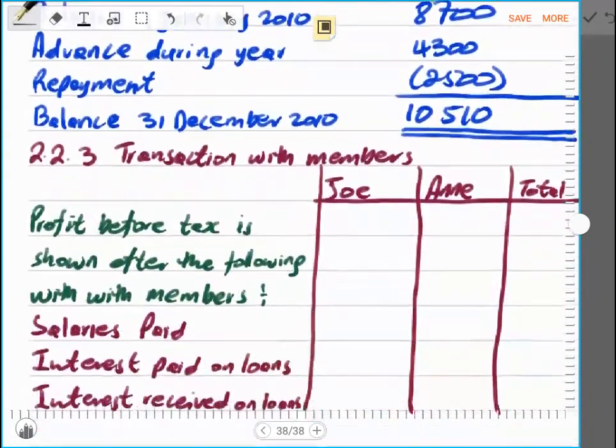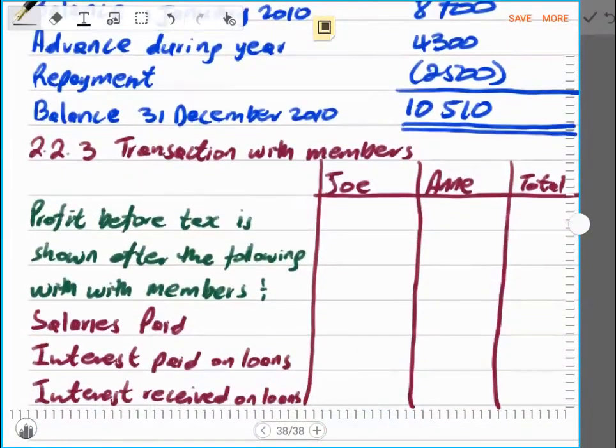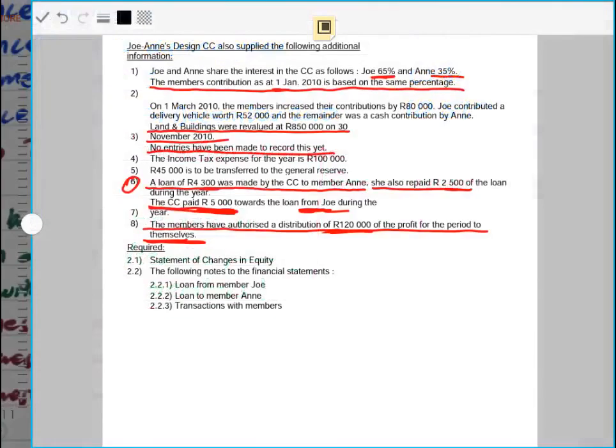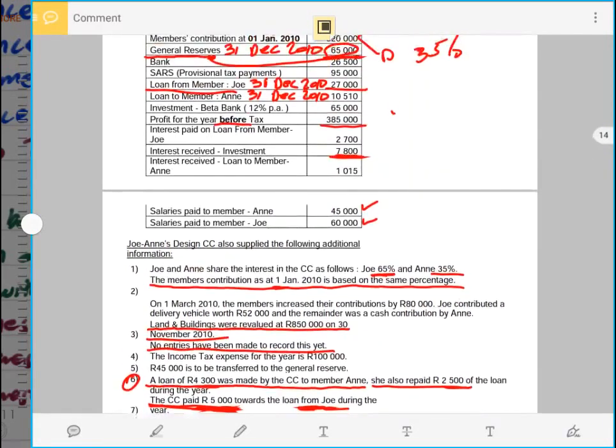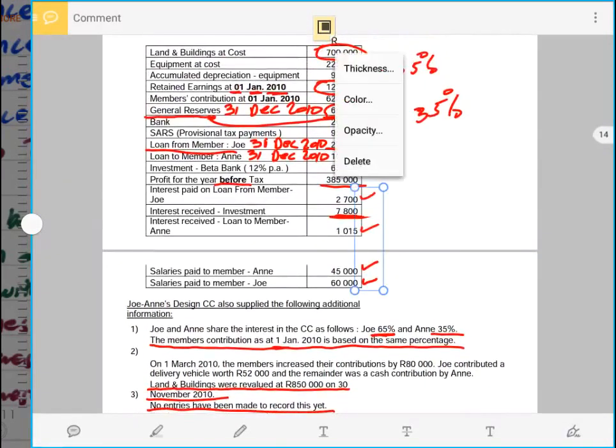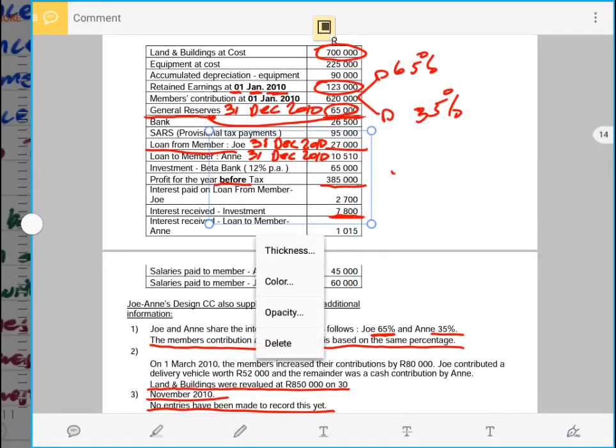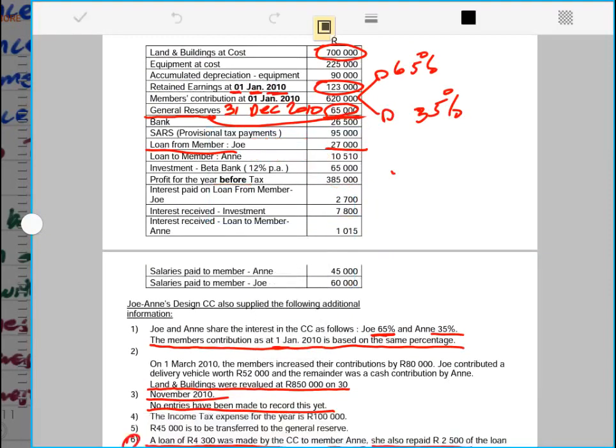So now make sure that you prove that, in case you might have made some mistakes in your calculations. So now let us continue to the last part of the transaction, which is a transaction or interaction with members, which are only the transactions that affected the members and the close corporation beside the loan. So now from the trial balance, we were given some transactions that were between the members and the close corporation.